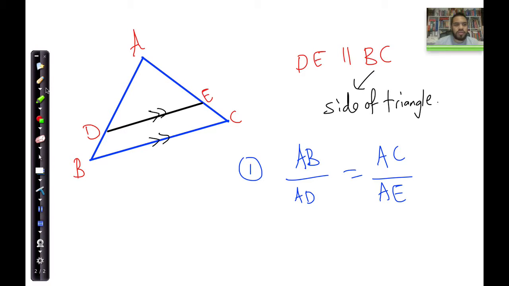I can also speak of it this way. I've got AB over AD, and I can also go AD over DB.